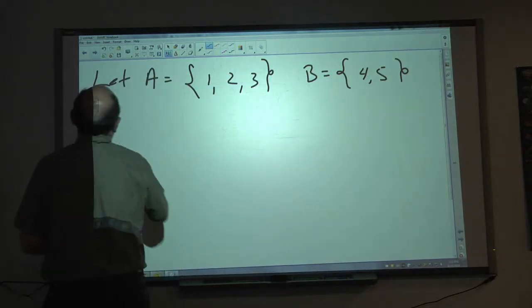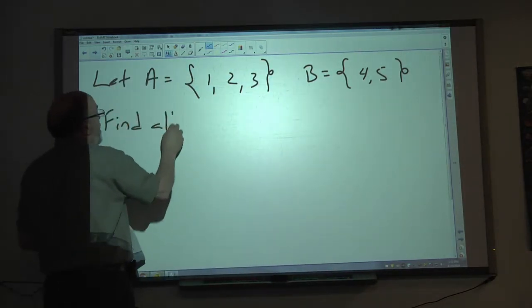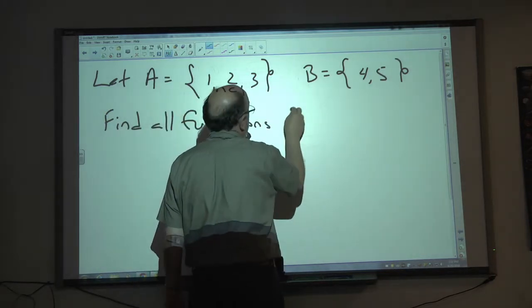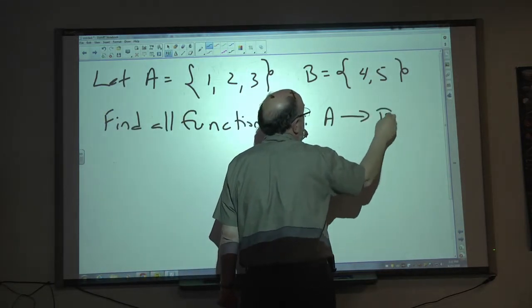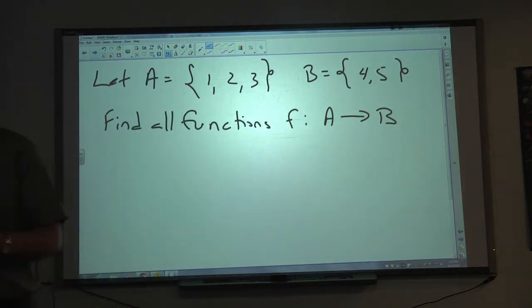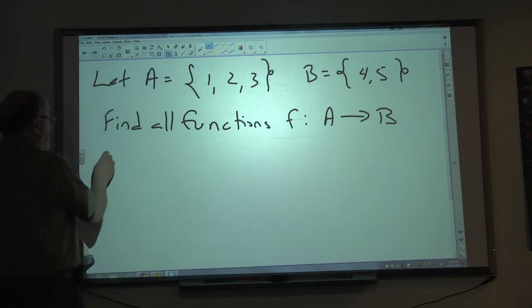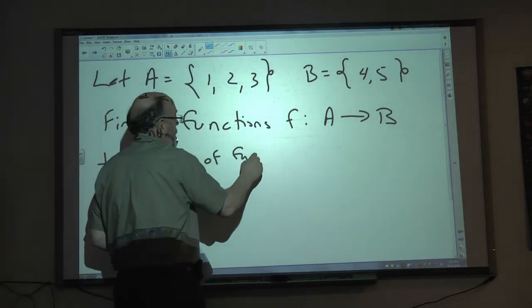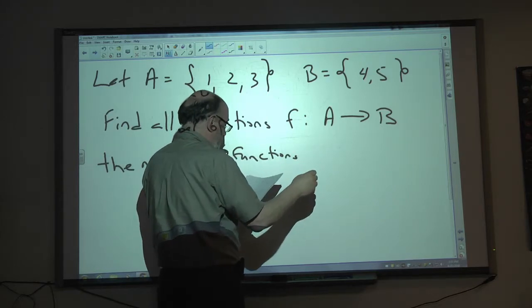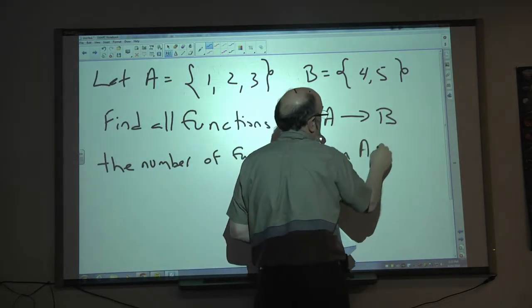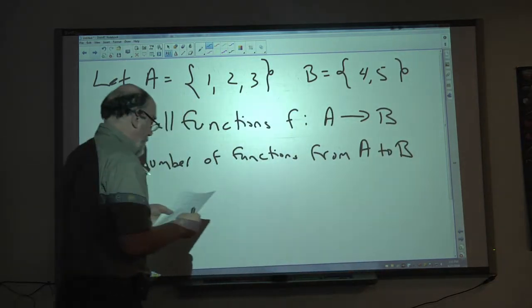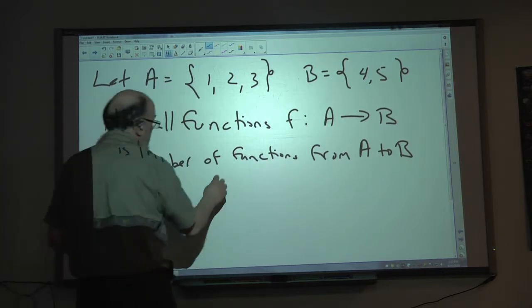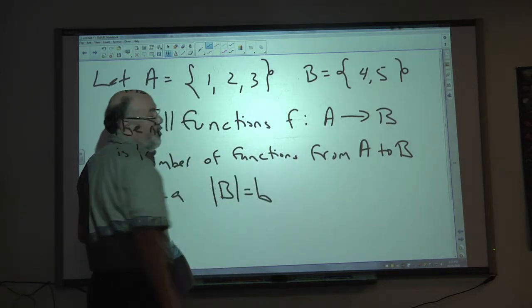And we want to find all functions from A to B. And so the number of functions, so the number of ways this can be done, is going to be given by, so I need to know the cardinality of A, which is given by A, and then the cardinality of B, which we'll say is given by B.